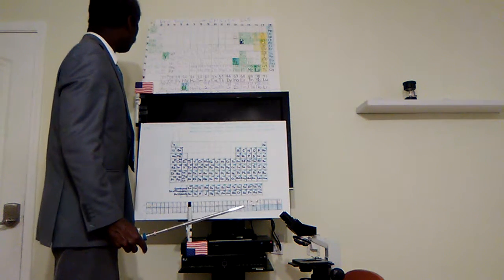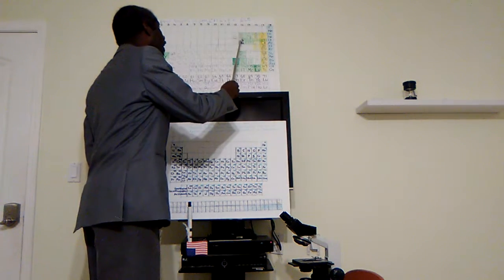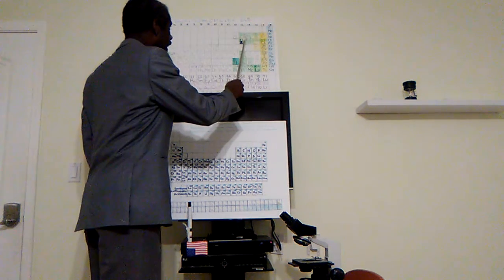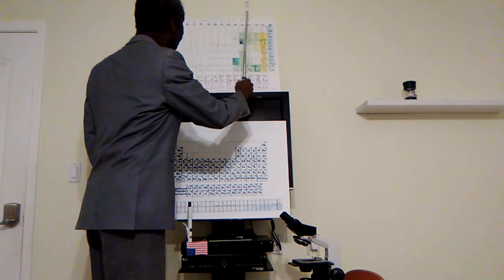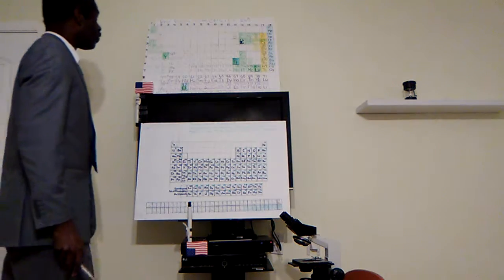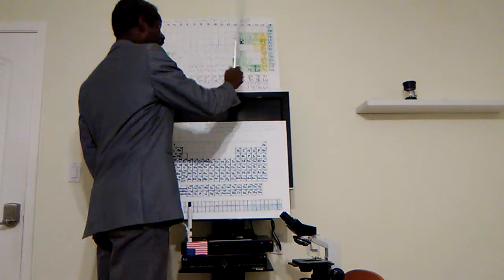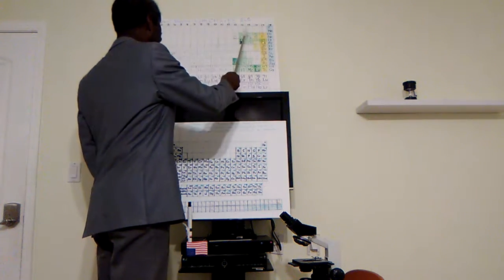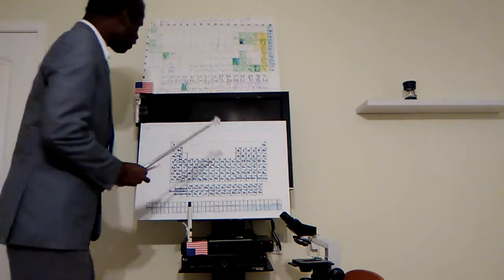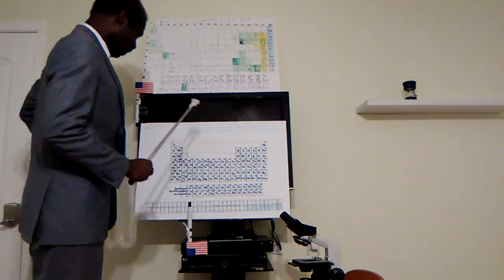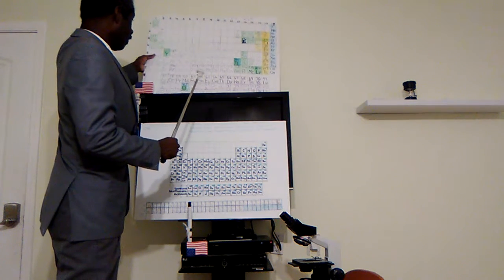So by its abundance, you would probably think it would have more health application, like its associate oxygen, which is the most abundant. But oxygen has a lot of health effects, but silicon is not found to have so many health effects. But let us come to our application with silicon as we turn around this periodic table.